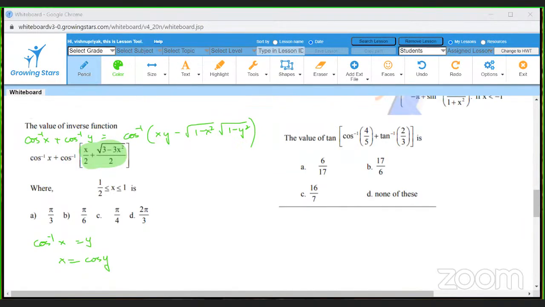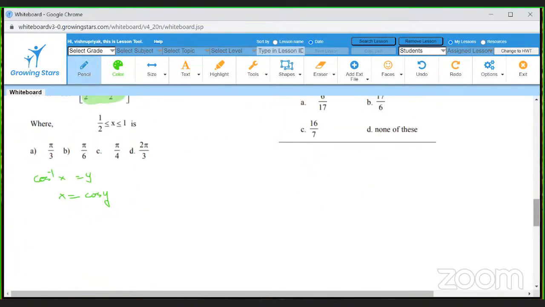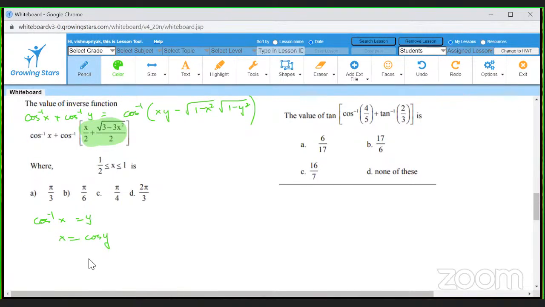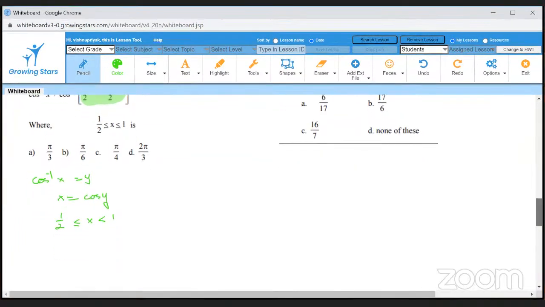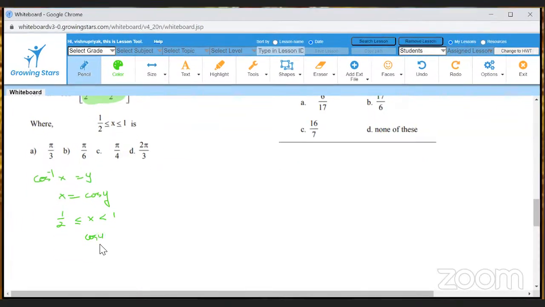Now it is given to us in the question that we know something about x. What is given about x? X is between 1 by 2 and 1. See, this is easy to solve. This is a simple one. That's why I'm solving it like this. That means cos y is in between 1 by 2 and 1, because x is nothing but cos y. So 1 by 2 and 1 means what?